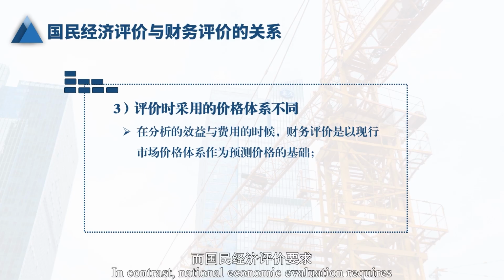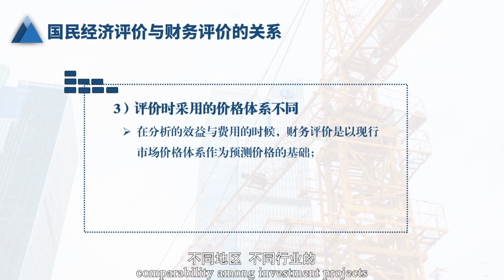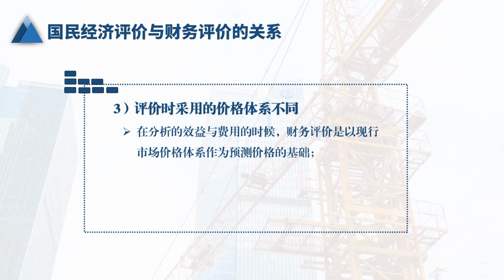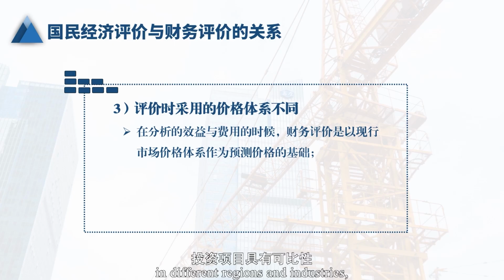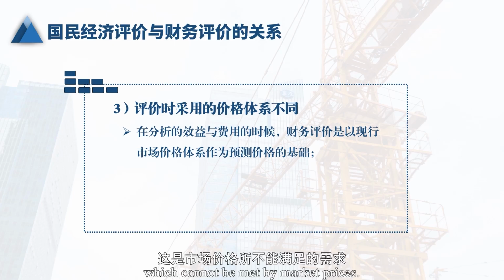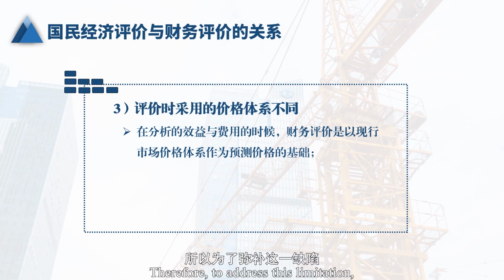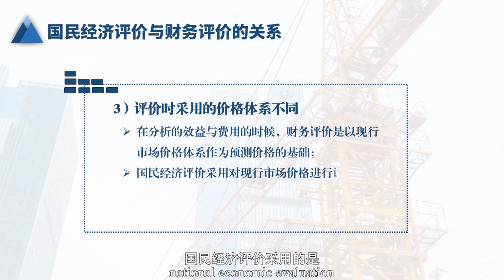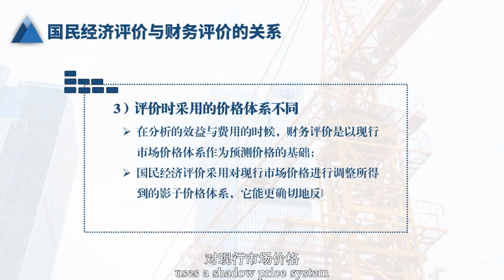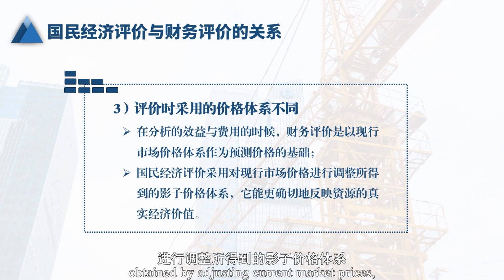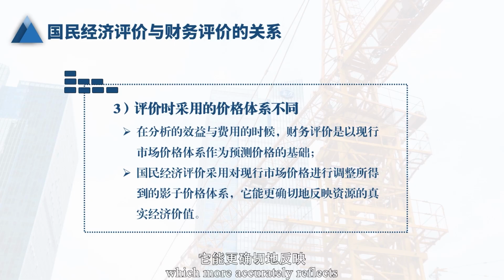In contrast, national economic evaluation requires comparability among investment projects in different regions and industries, which cannot be met by market prices. Therefore, to address this limitation, national economic evaluation uses a shadow price system, obtained by adjusting current market prices, which more accurately reflects the true economic value of resources.